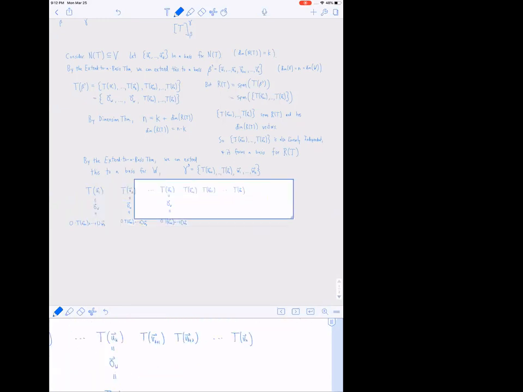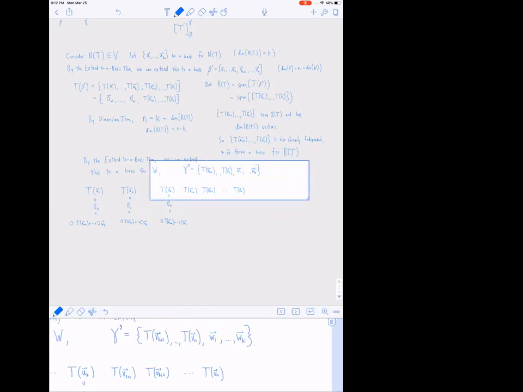But now, when we get to this next bit, T of vk plus 1, and we want to write it as a linear combination of these vectors from gamma prime, T of vk plus 1 is one of the vectors in gamma prime.